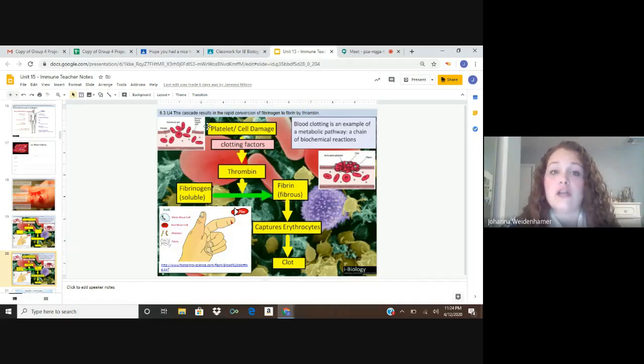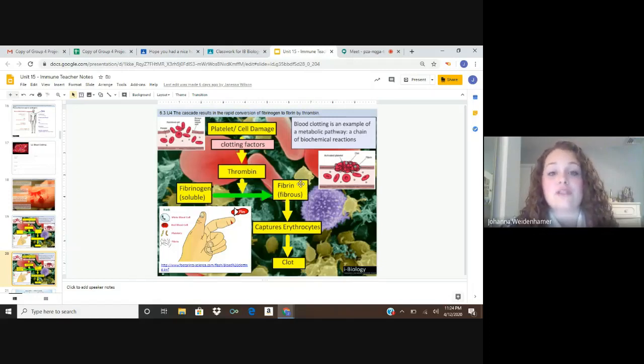First, your platelets and damaged cells are going to send out a message called clotting factors. These clotting factors are going to stimulate thrombin, and that thrombin is going to stimulate fibrinogen to become fibrin.